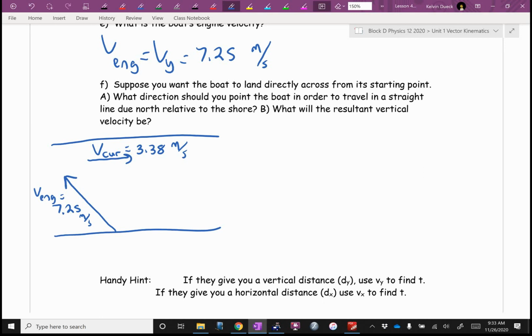I'm going to phrase it a tiny bit differently. The addition of those two, I would like to end up pointing straight across.